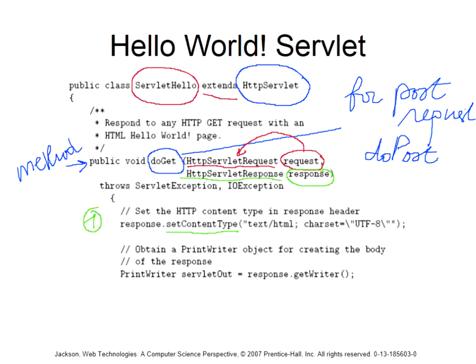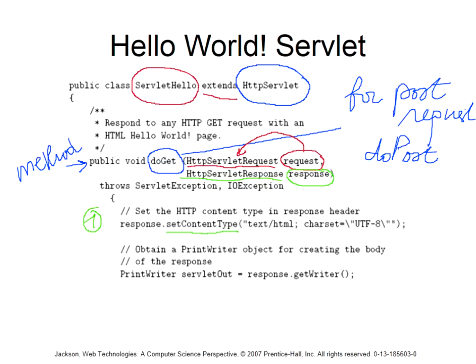The type of this response is an HTML code. I can, for example, send a response as an image, a GIF image, or as an Excel sheet, or as a Word file. But in our example, our response is an HTML code.